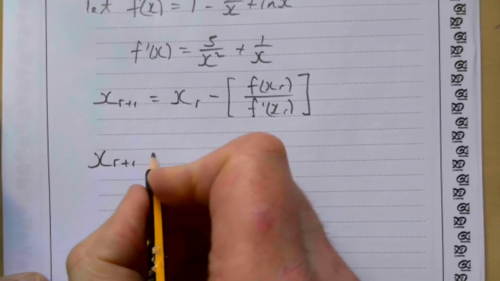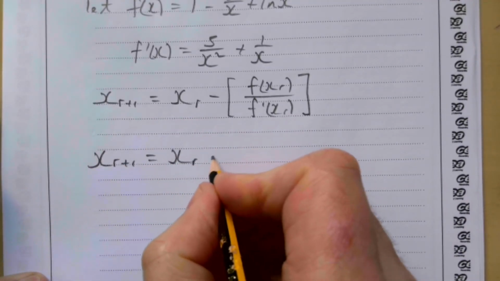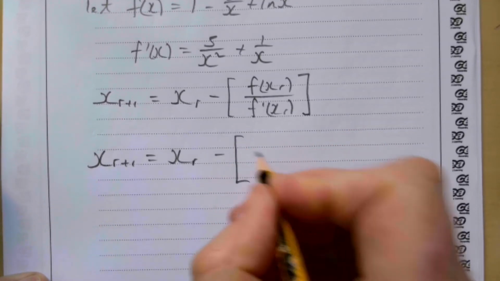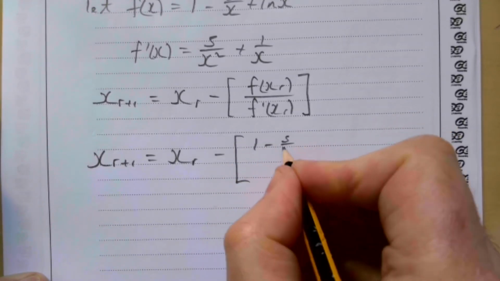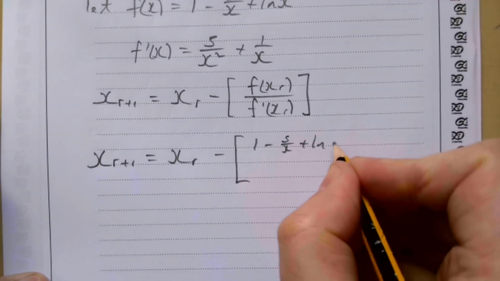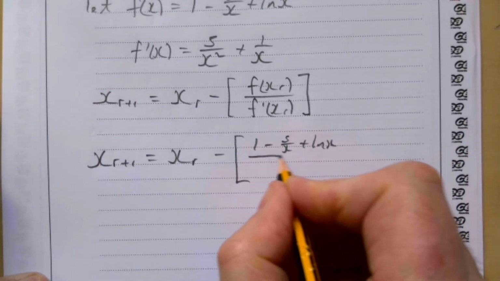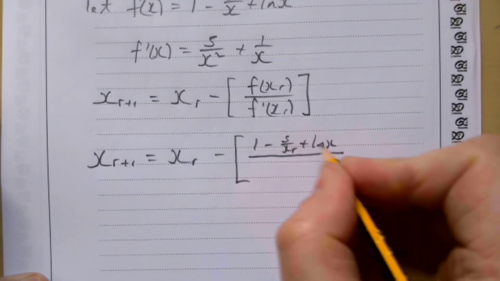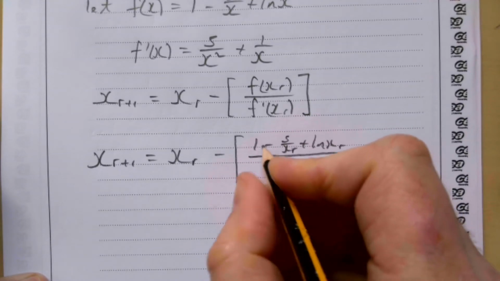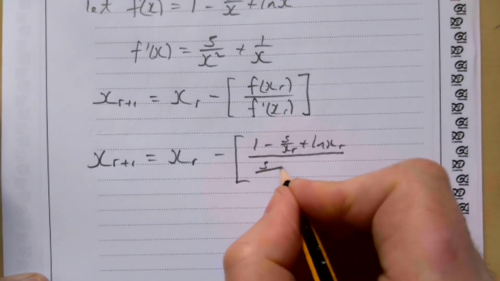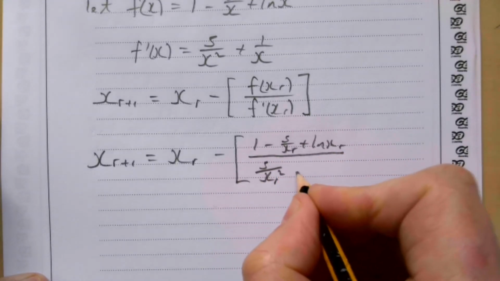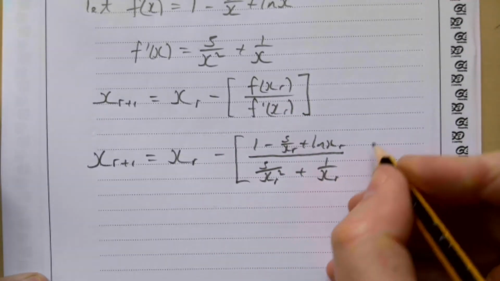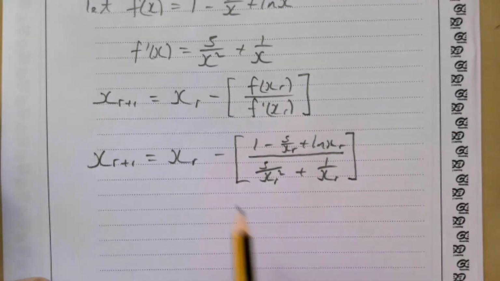So xr plus 1 equals xr minus 1 minus 5 over xr plus ln xr, over our differentiated one, 5 over xr squared plus 1 over xr. So here's our formula.